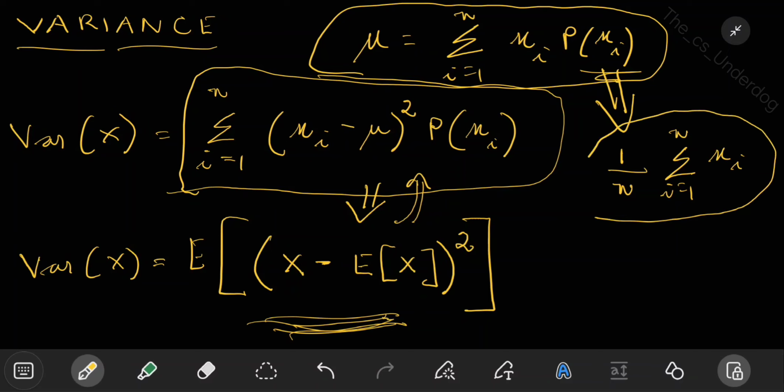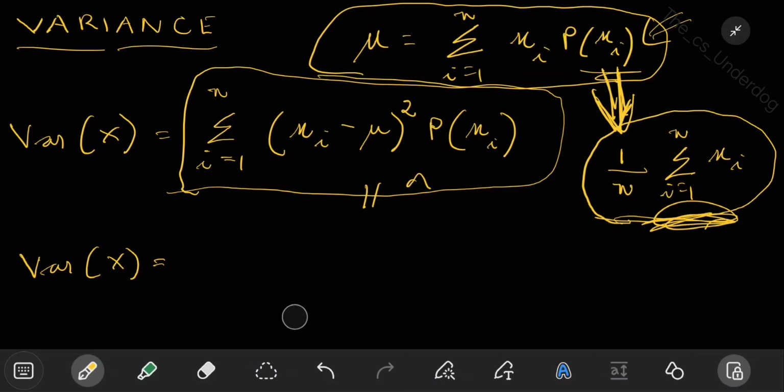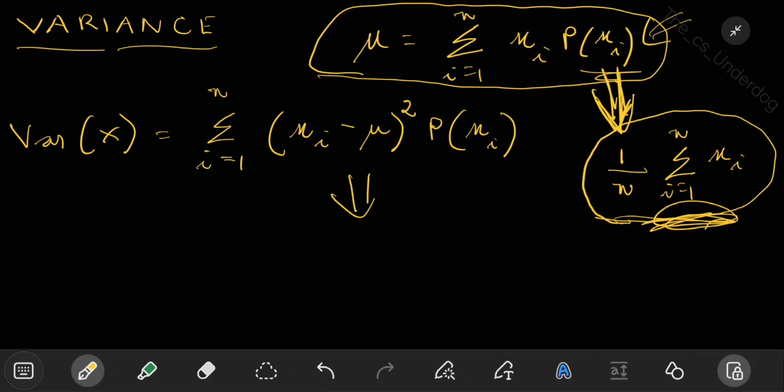So this is in case all the values of your random variable are equally likely. If all the observations are equally likely, then probability doesn't have a role because all are equally probable. In that case, this formula gets boiled down to average, 1 by n into xi. And in the same case, what will happen to this one? Once you find mu, then you have to find the variance, right? So this variance formula, what will this get boiled down to?